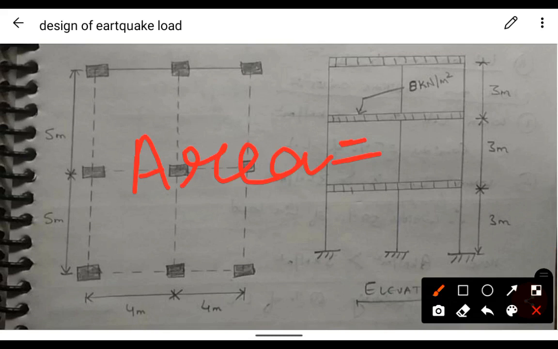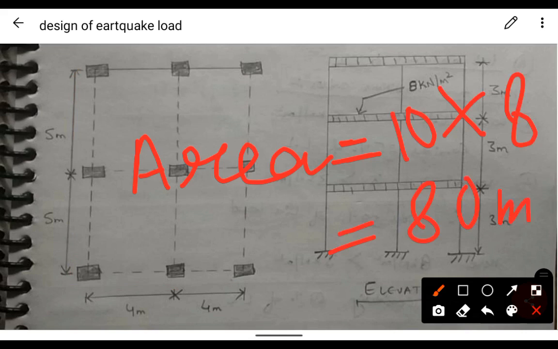From here you can see that this width and this length I'm going to multiply. So area would be 10 meter by 8 meter. So our plan area would be 80 meter square.